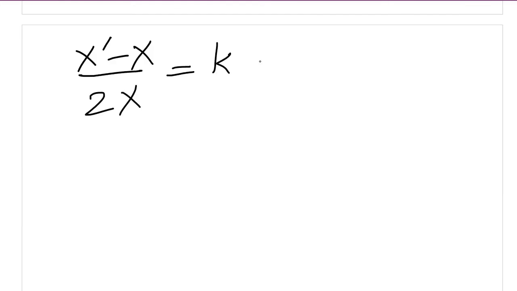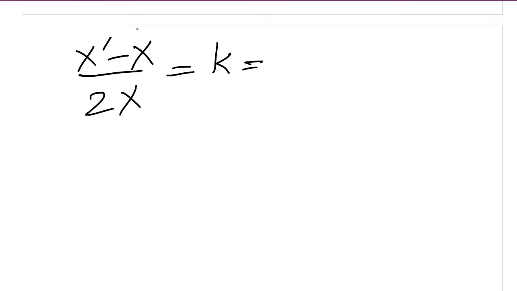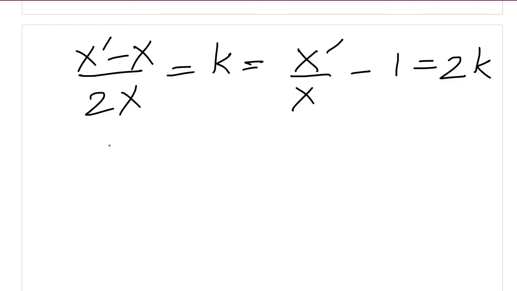That implies, if I divide by X, I'll have X'/2X − 1/2 = k. I'm just taking 1/2 to the other side and dividing the whole terms by X. That implies X'/X = 2k + 1.